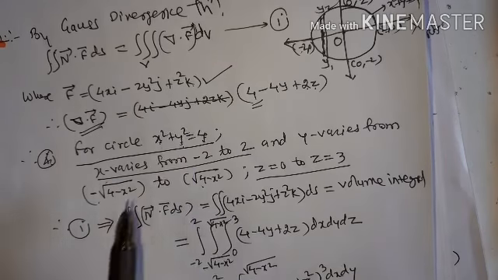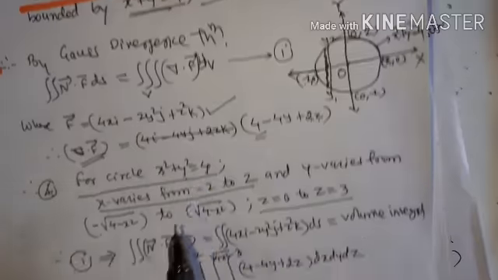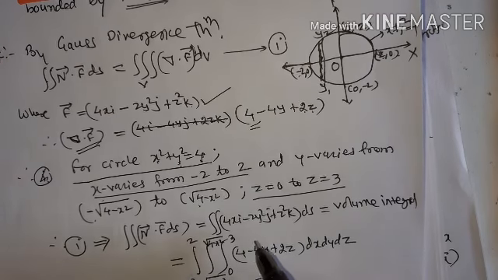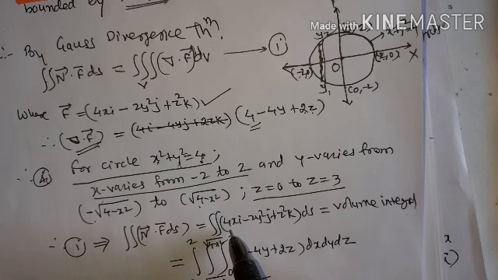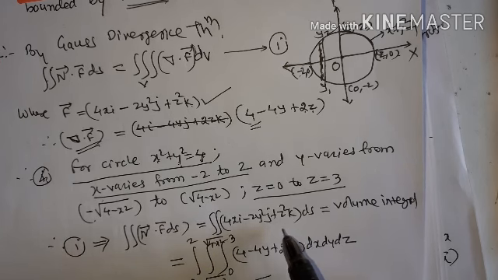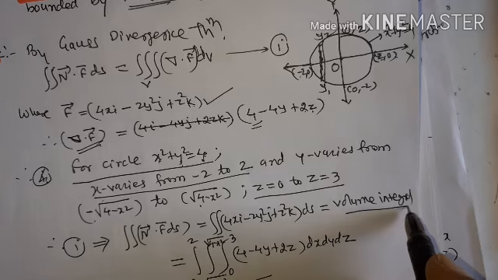Now according to the Gauss divergence theorem, I will write the surface integral n bar dot F bar dS, the given surface integral of 4xi minus 2y square j plus z square k dot dS, as a volume integral.